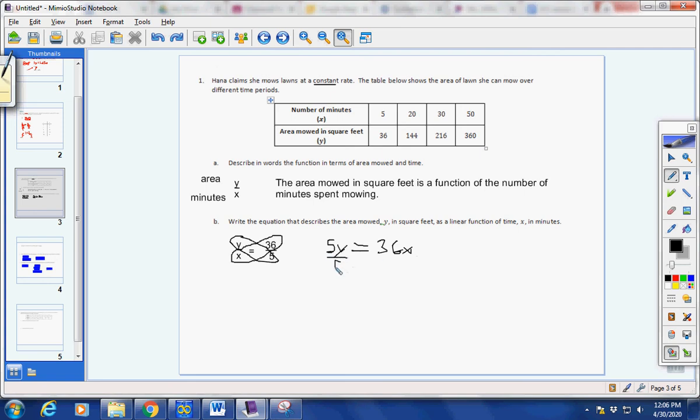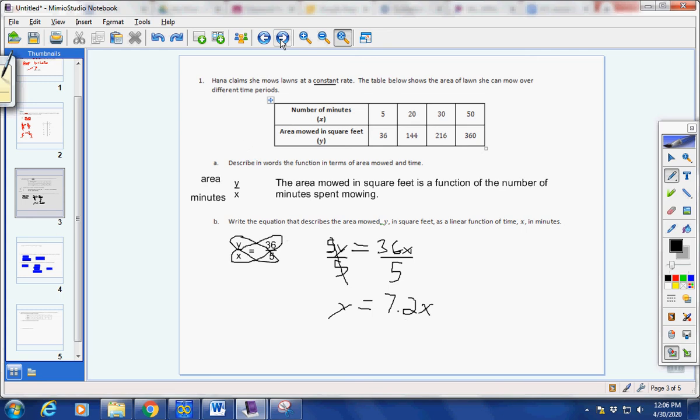So we divide each side by 5. 5 divided by 5 is 1y. And that's going to equal 36 divided by 5, which ends up being 7.2 times our x. So what this is saying is the area, that's y, equals 7.2 times the number of minutes. Area mowed equals 7.2 times the number of minutes.